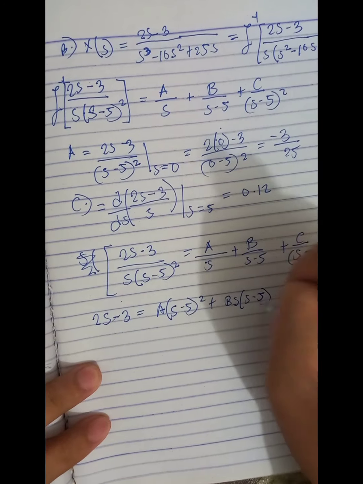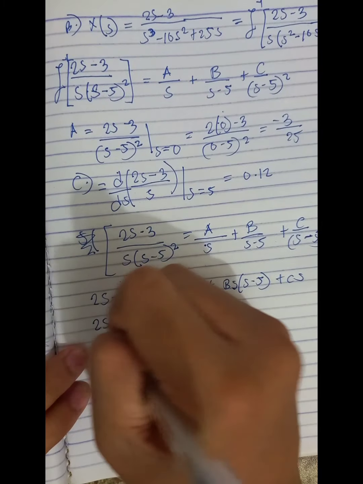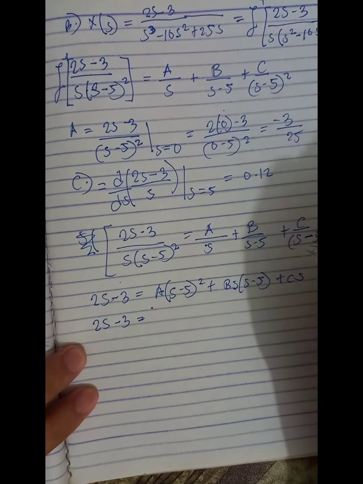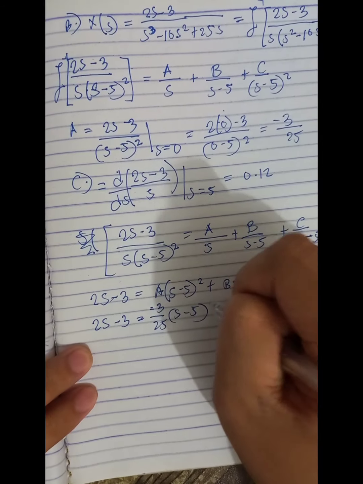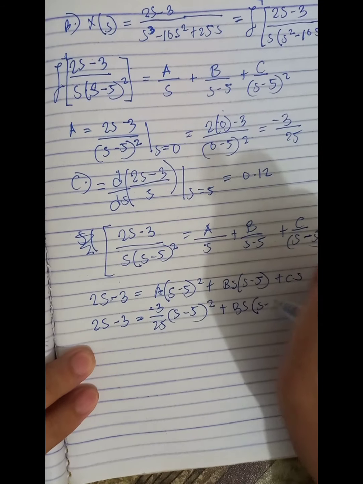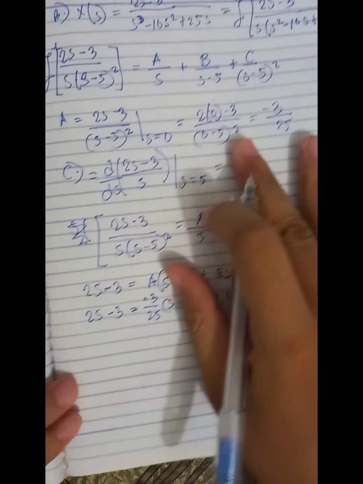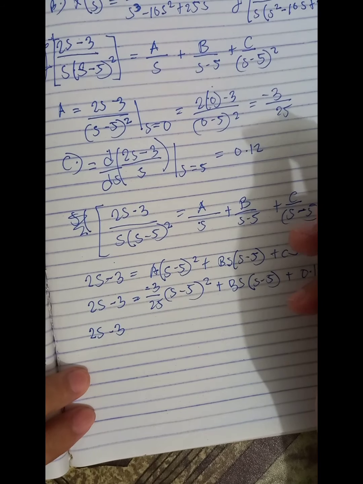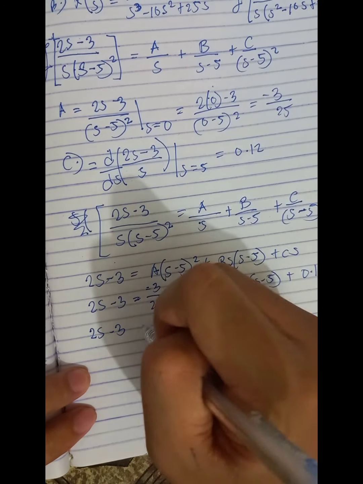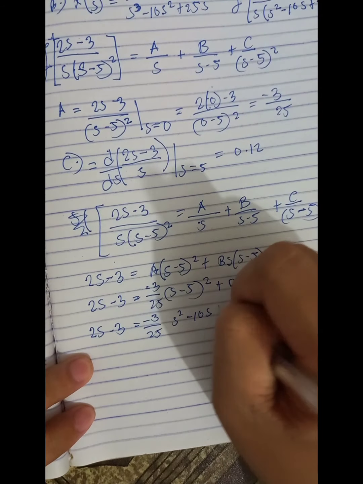So we have 2s minus 3 equals A times s minus 5 quantity squared, and we have the value of A, negative 3 over 25, times s minus 5 quantity squared, plus B times s times s minus 5, plus 0.12s.